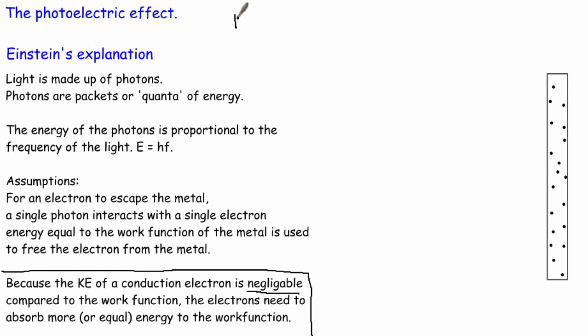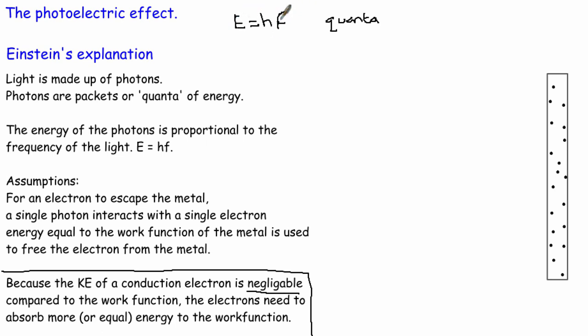What he did is he took an idea that Planck came up with. Planck had explained that energy comes in packets, which he called quanta. So you have a quanta, the smallest discrete part of electromagnetic radiation, and the energy of this quanta is related to the frequency.